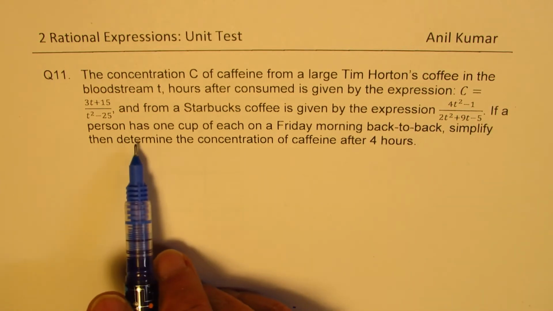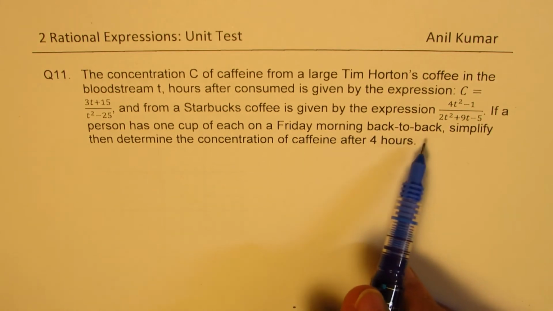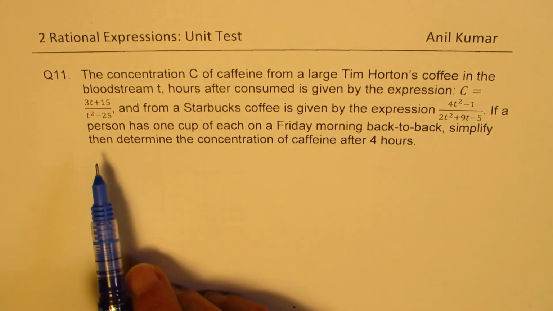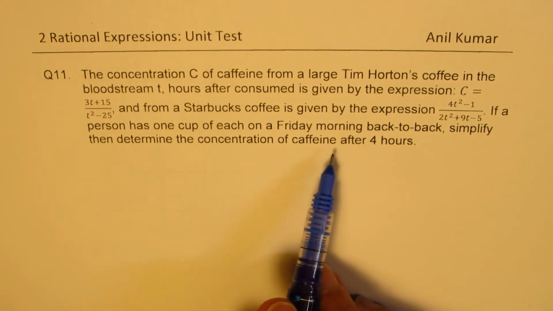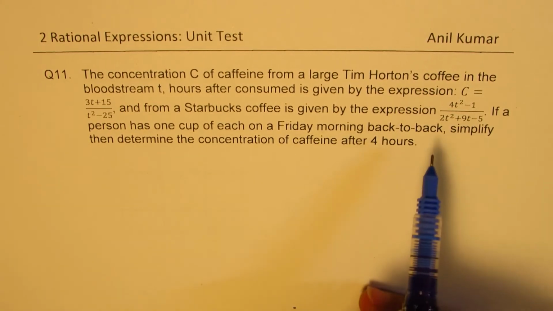If a person has 1 cup of each on a Friday morning, back to back, simplify, then determine the concentration of caffeine after 4 hours. You can always pause the video, answer the question, and then look into my suggestions.